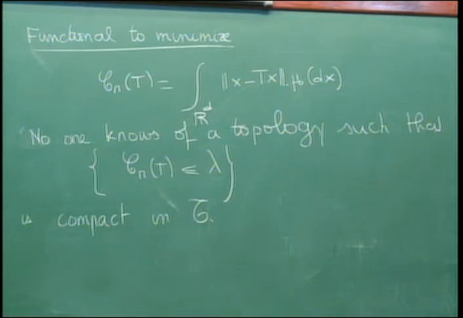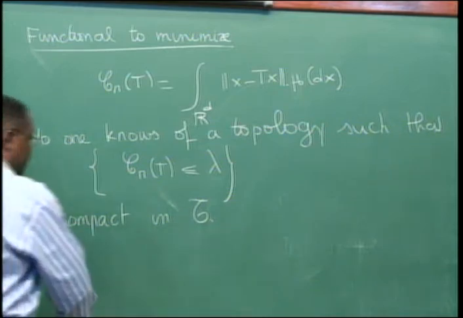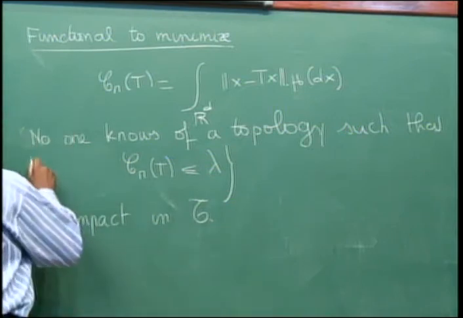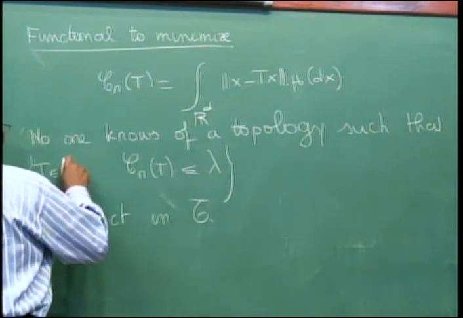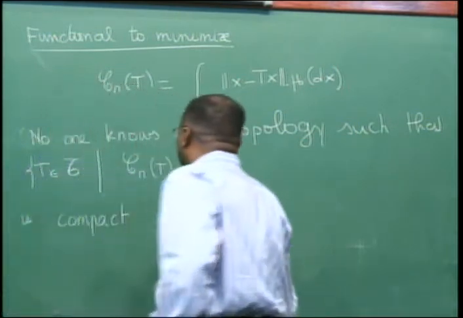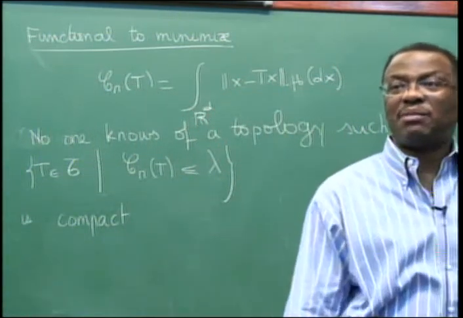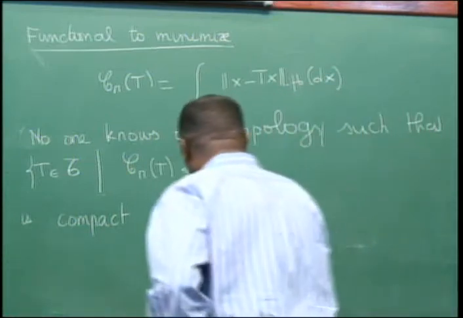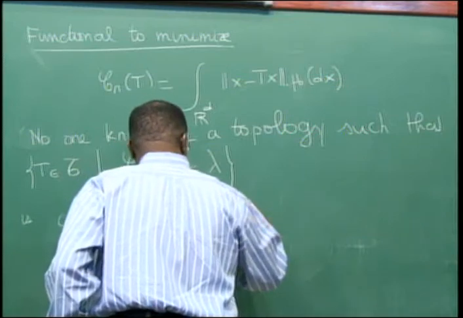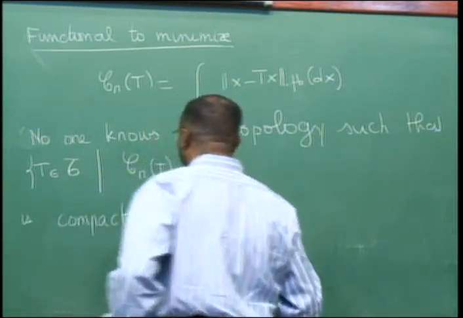Okay, so maybe the best way to write it is the set of T in tau such that Cm of T is less than lambda is compact for all lambda real number.